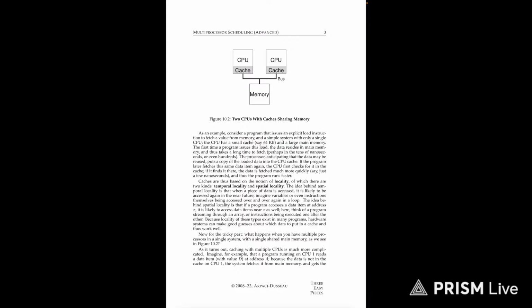Anything you want to access again and again, without doing a quick search or grabbing it from your main storage system, you just access again. So it's called temporal locality.